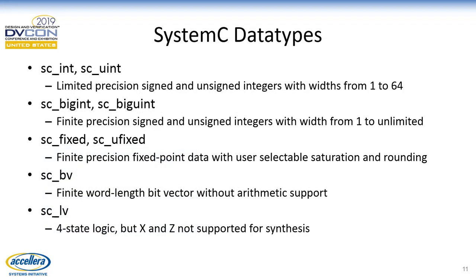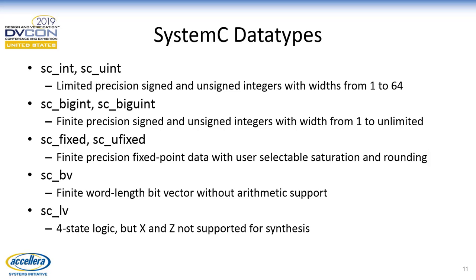SystemC data types, there are a few that are of interest. sc_int and sc_uint are for specific bit widths, so I can have an 8-bit unsigned variable. It will behave properly when I add 1 to the value 255. And these are limited precision and limited width. They only work up to 64 bits. There is another data type which will have arbitrary bit widths.